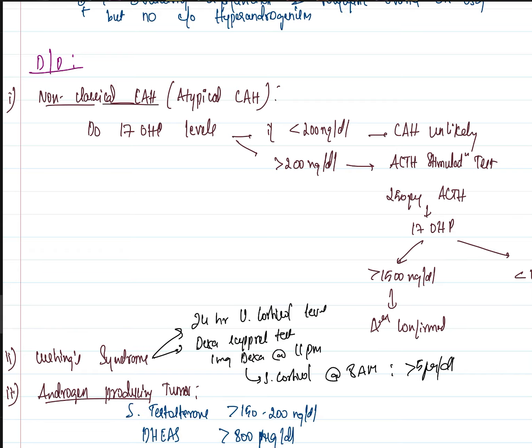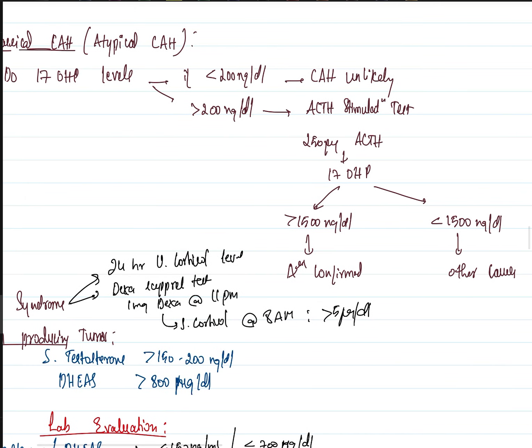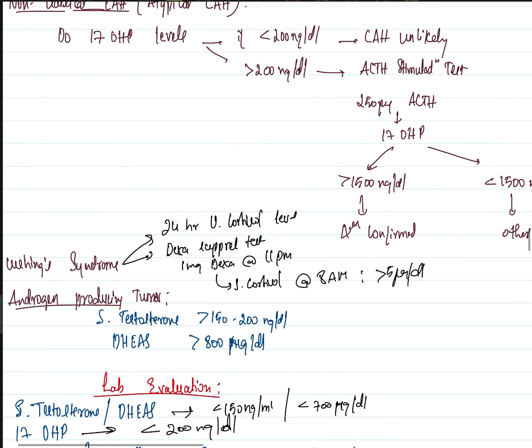If it is more than 200, then we have to do something called an ACTH stimulation test. That means you give 250 microgram of ACTH and measure the 17 hydroxyprogesterone level. If it is more than 1500, the diagnosis is confirmed. If it is less than 1500, we have to think about other causes.